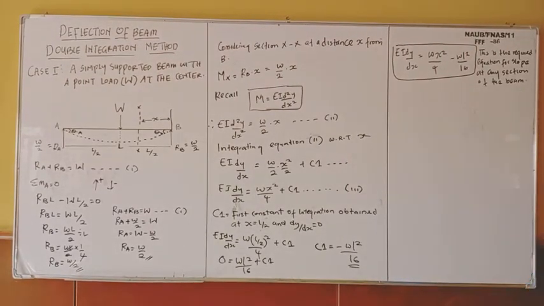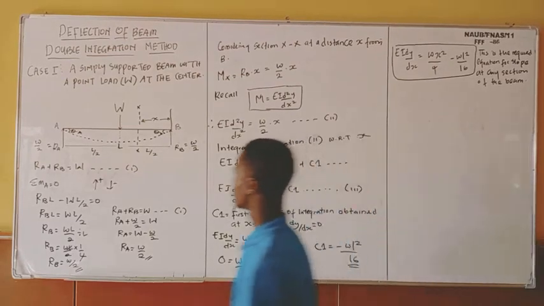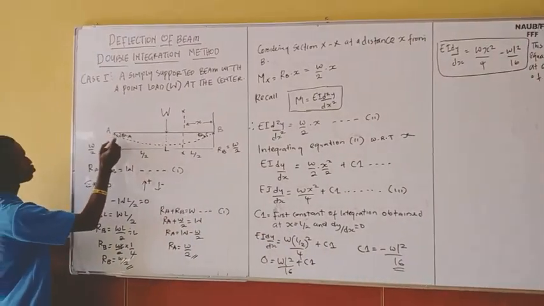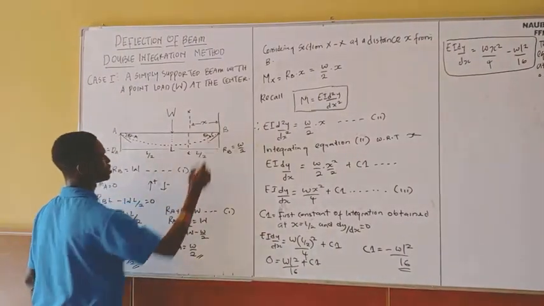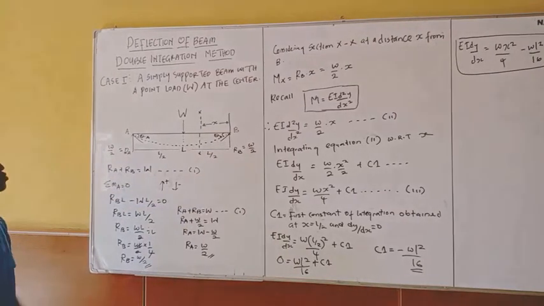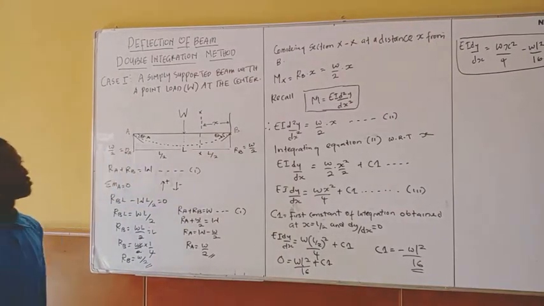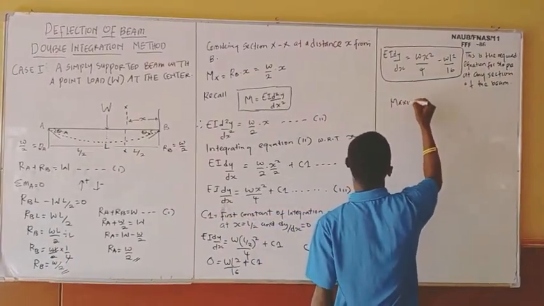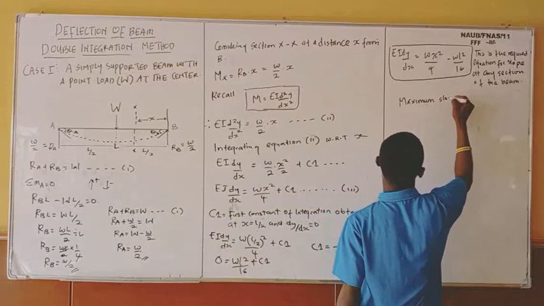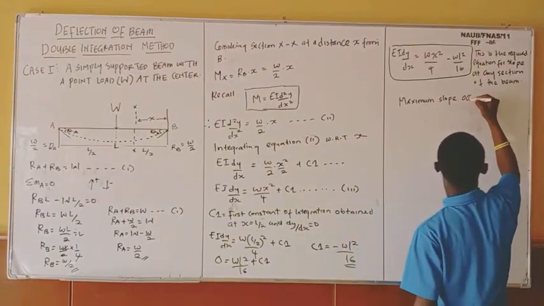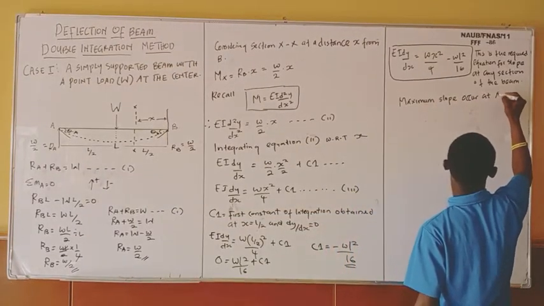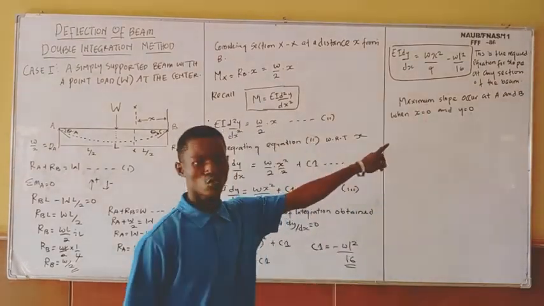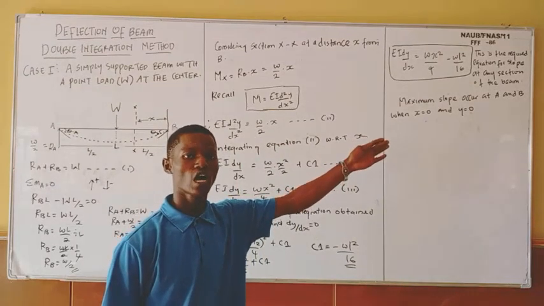So for me to have my maximum slope, where am I going to have my maximum slope? Look at this diagram. I'm going to have my maximum slope at this point and at this point. This is where I'm going to have my maximum slope. So the equation for calculating my maximum slope: my maximum slope occurs at A and B when x is equal to 0 and y equal to 0.